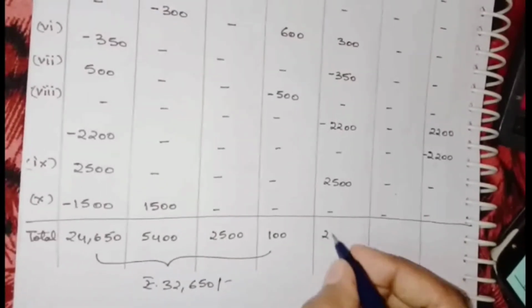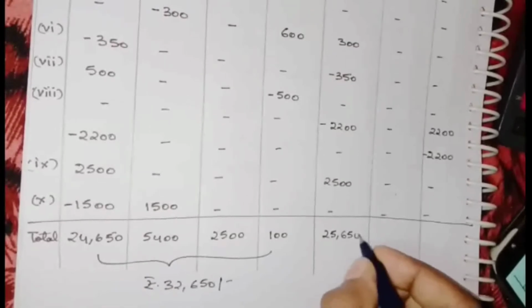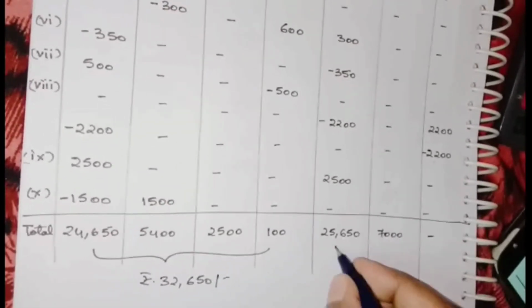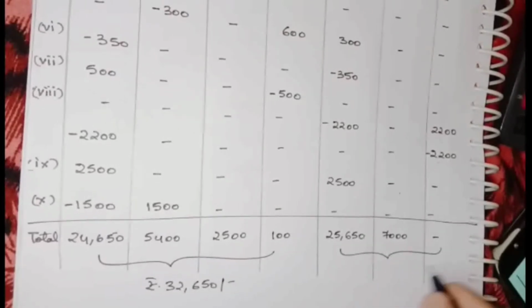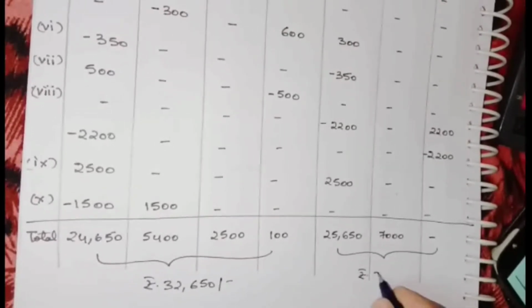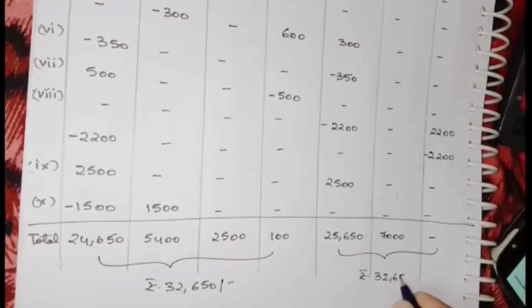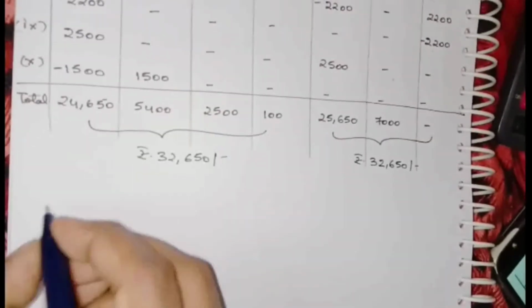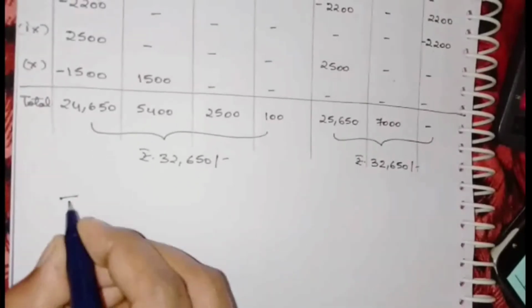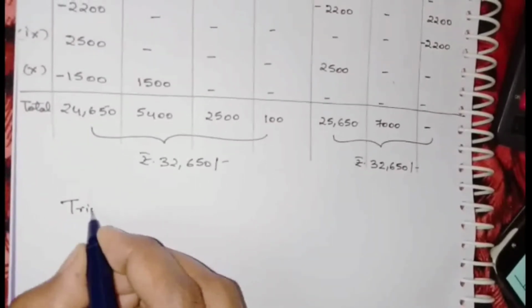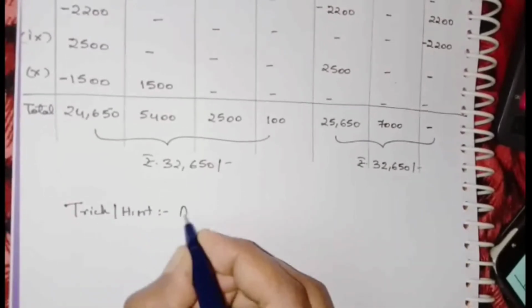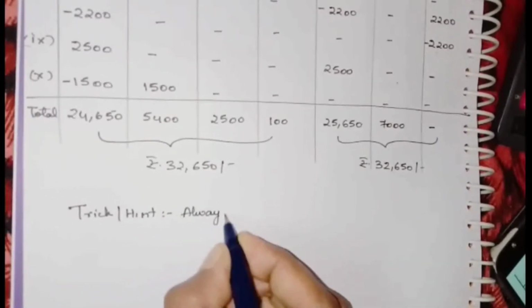The capital column total comes to 25,650 and creditors 7,000. Drawings nil. The total comes to 32,650.